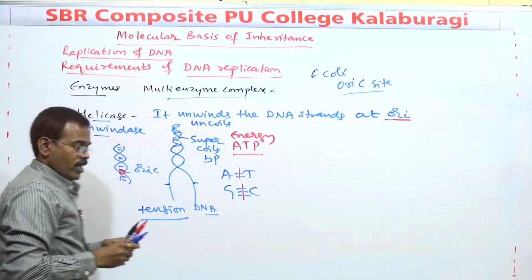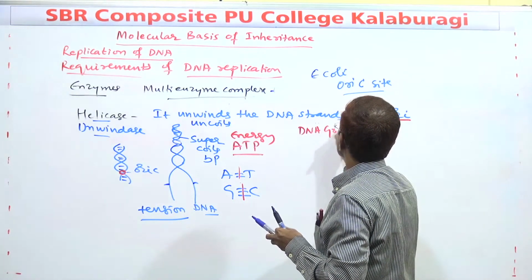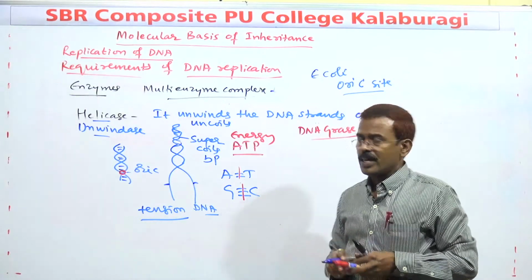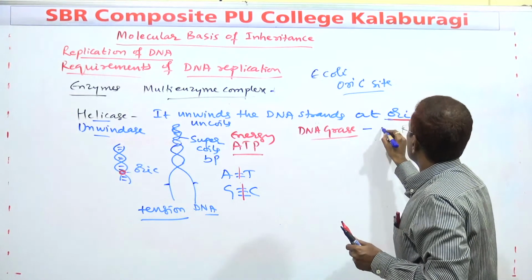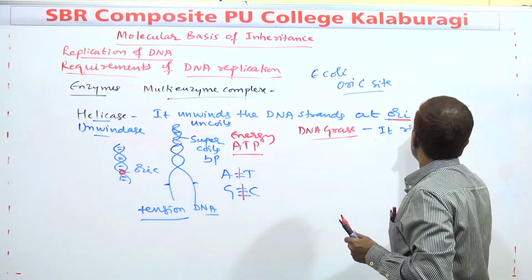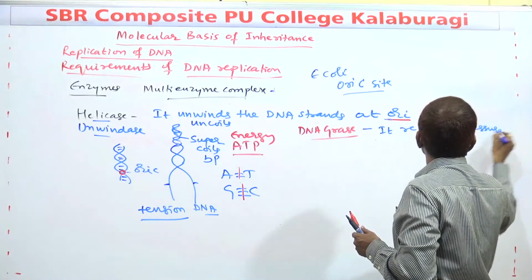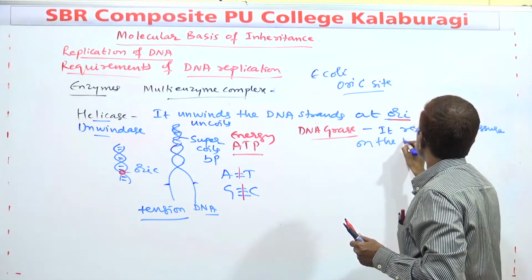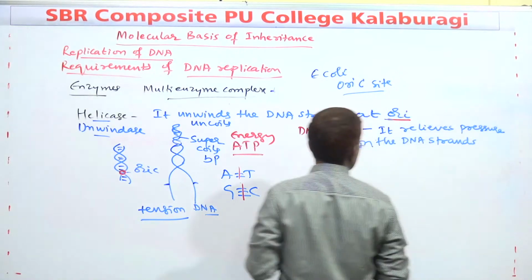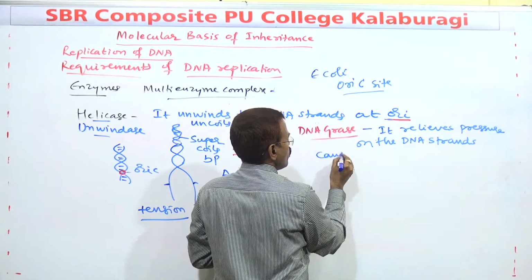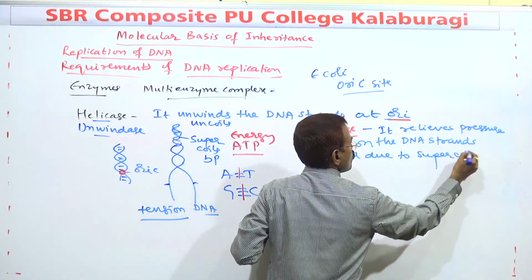Now the enzyme DNA gyrase relieves the pressure on the DNA strands caused due to supercoil formation.